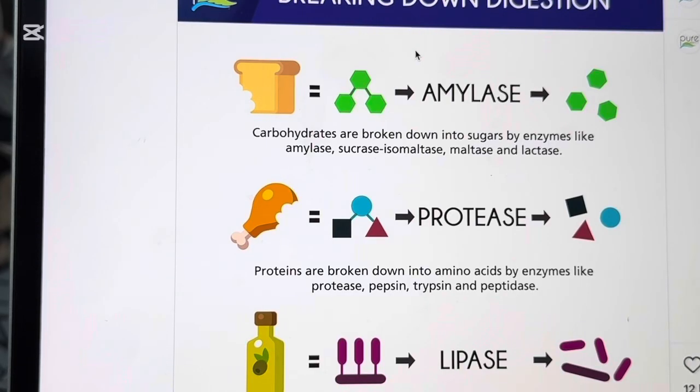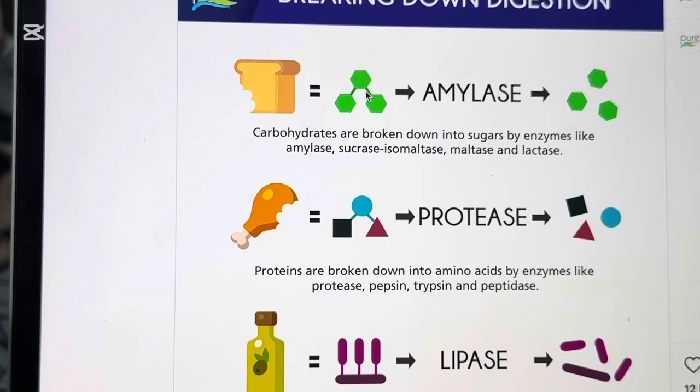All right, let's get down with the three different types of enzymes we need to associate with, which are amylases, proteases, and lipases. Amylases, they act on carbohydrates, such as starch. So the complex forms are broken down into simplest form.